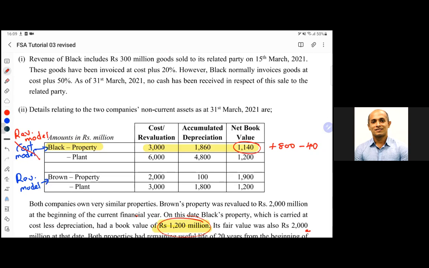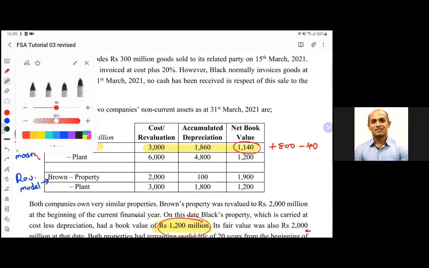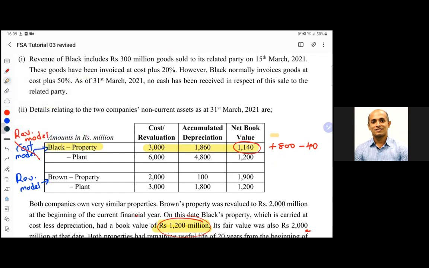Then how much adjustment to the asset value? You see total adjustment to the asset value: increases by 800, decreases by 40.